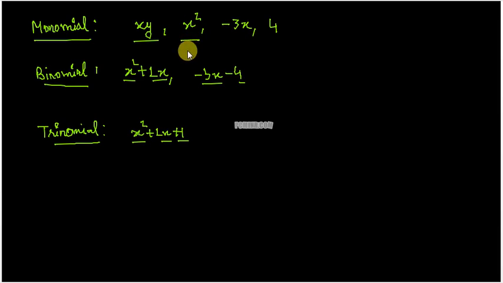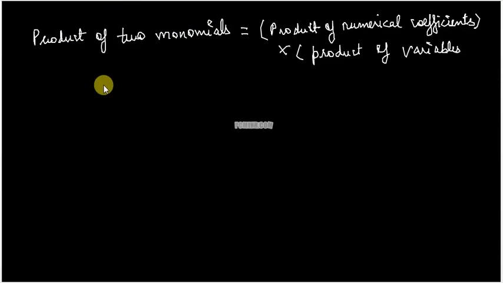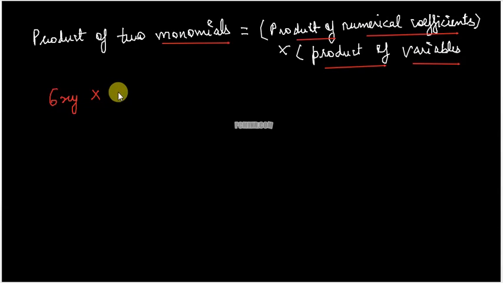To find the product of two monomials, it will be written as the product of the numerical coefficients times the product of variables. You'll understand it with an example. Say I have a monomial 6xy, and I have to multiply it with another monomial, 3x squared y cube.